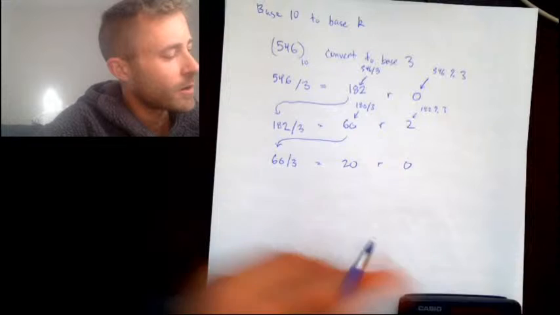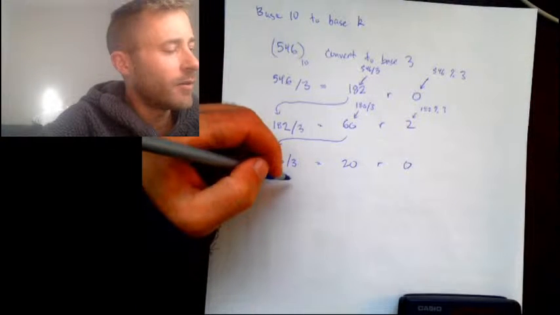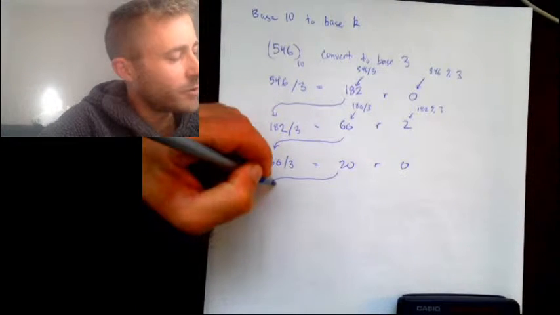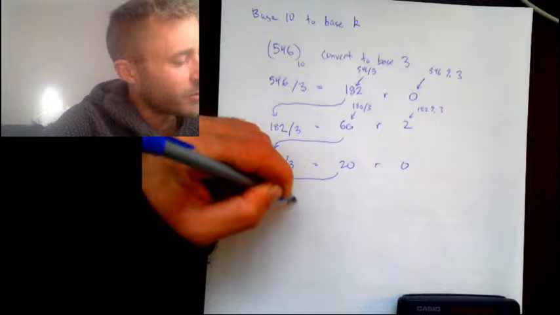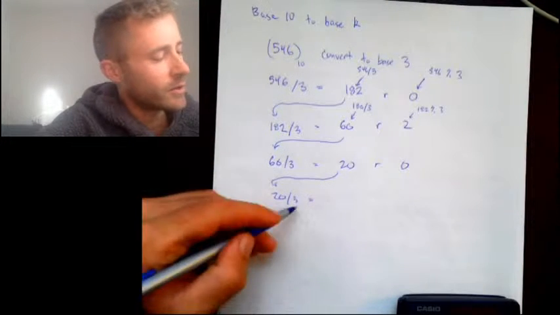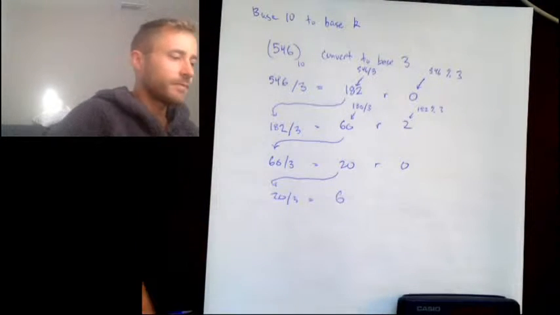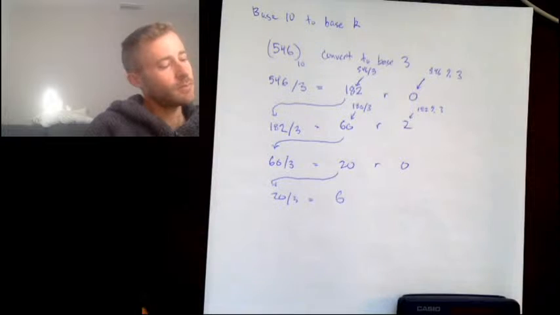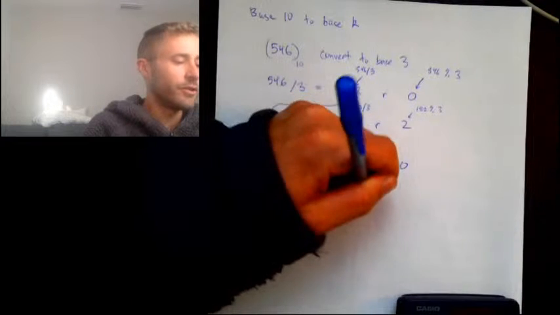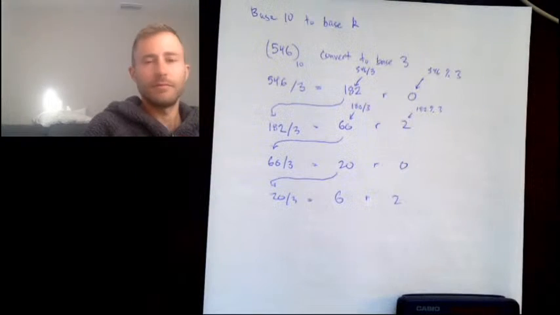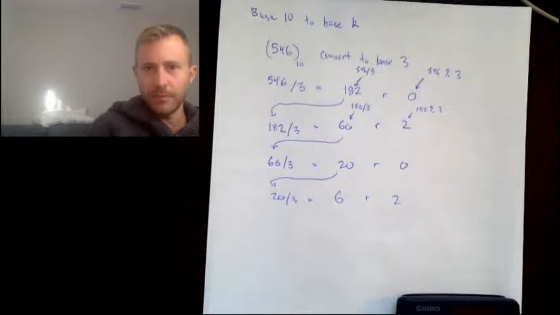Okay. And then I'm going to plug that in. I'm going to do 20 divided by 3. And this equals 6, remainder 2. Okay.